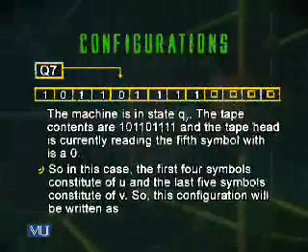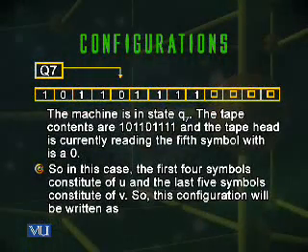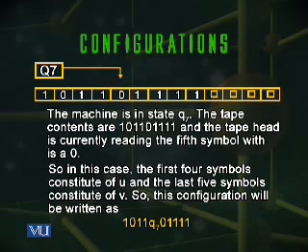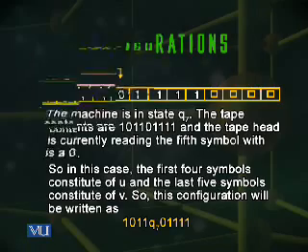Let us see what the configuration in our notation will be for this example. In this example, the first 4 symbols constitute U, and the last 5 symbols constitute V. The state is Q7. So this configuration will be written as 1011 Q7 01111.